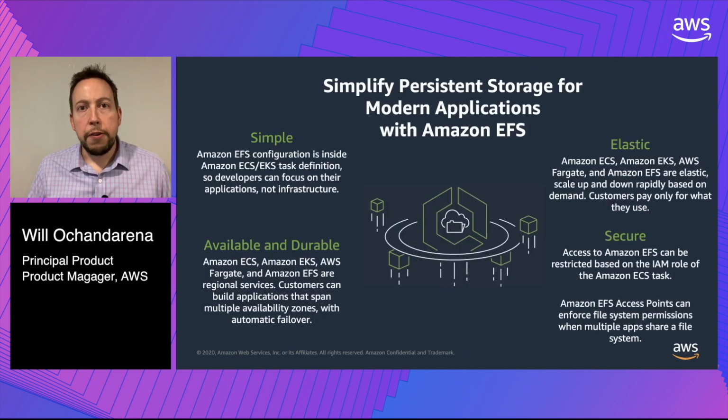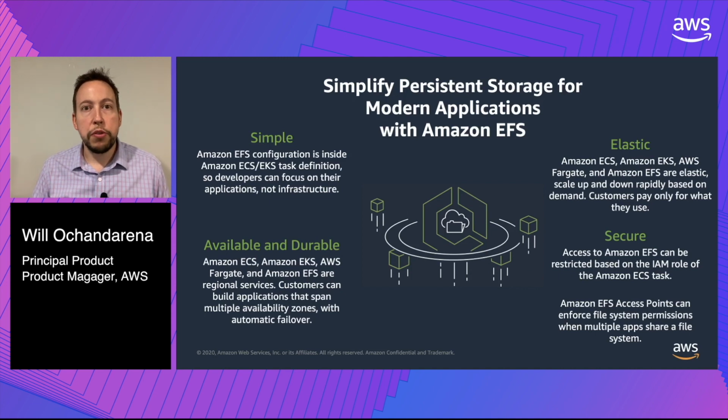When you put together Amazon EFS with the AWS container services, you get several benefits just because of how well these things work together. So first is the simplicity. It's the simplicity of having a fully managed container orchestrator with a fully managed file system. It makes it really easy for you to get started and run your applications without worrying about managing infrastructure.